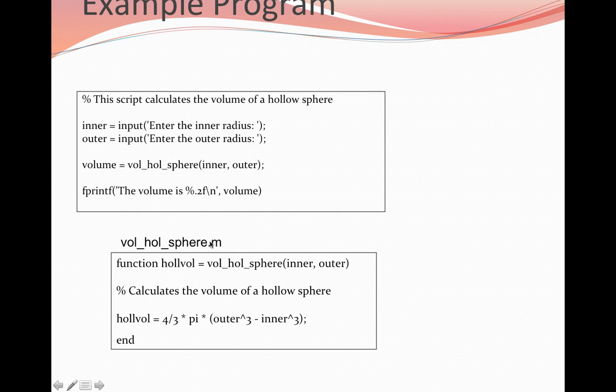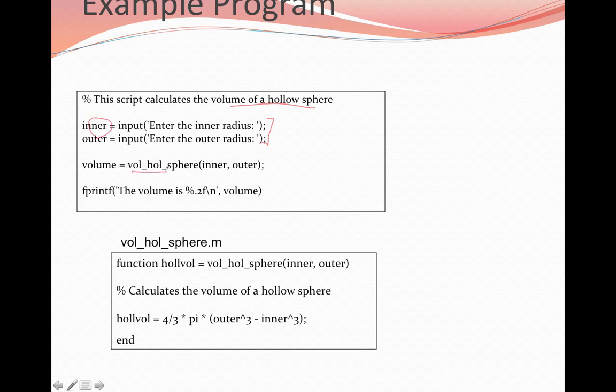So here's an example program. So again, the program is a combination of a script and a function that it calls. So in this case, as the comment says, the script is going to calculate the volume of a hollow sphere. So we're going to start by prompting the user for the two values that we need, the inner radius and the outer radius. And we store those in variables.